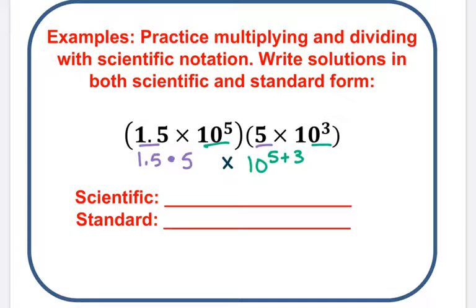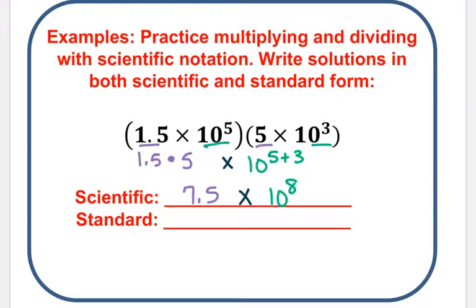Okay, so let's multiply 1 5/10 times 5, and that's going to give me 7 5/10. So this time that's already in the correct format. Times 10 to the 8. So I don't need to adjust this one.